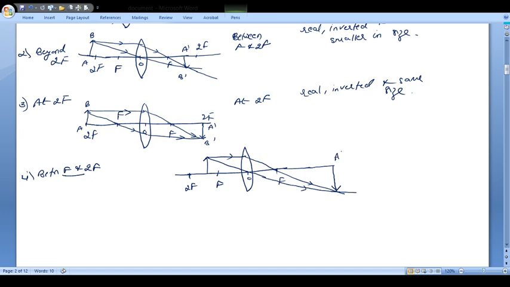So this is A dash B dash. This is F, this is 2F, this is A, this is B. Now you will find where the image is formed. The image is formed beyond 2F. And what is the nature? It is real, inverted and magnified.